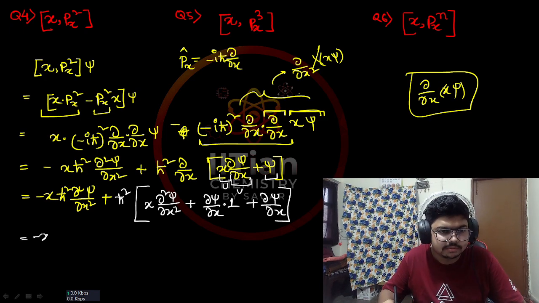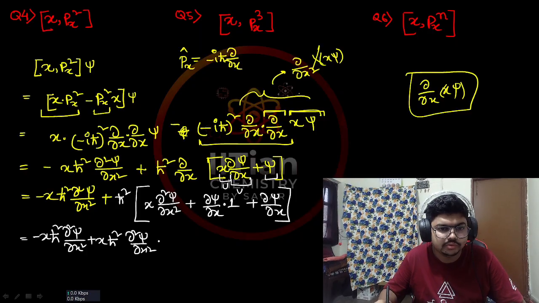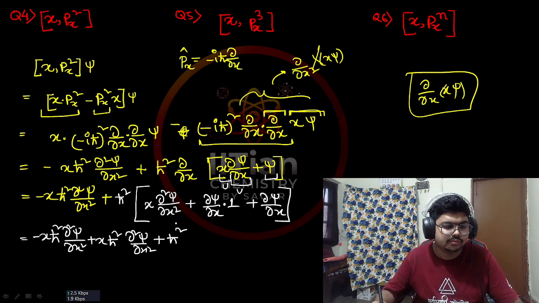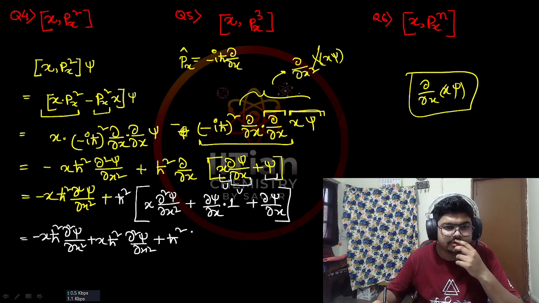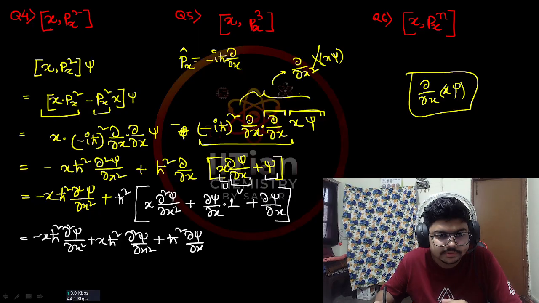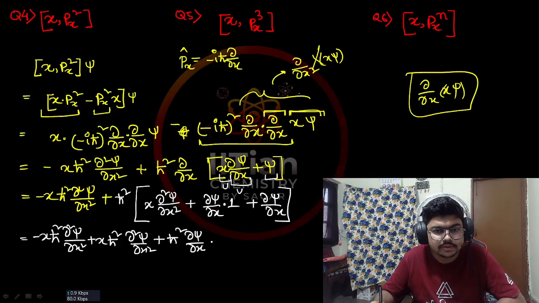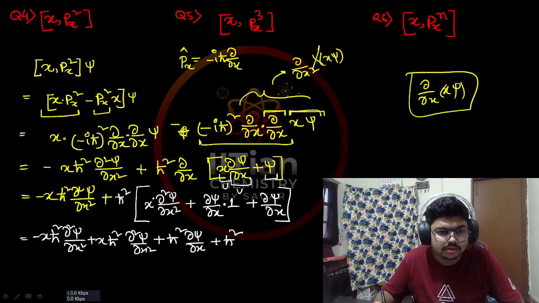Now just simplify it. Minus x h cross square del 2 psi del x2 plus x h cross square del 2 psi del x2 plus h cross square del psi del x, plus h cross square del psi del x, plus h cross square del psi del x, isn't it?